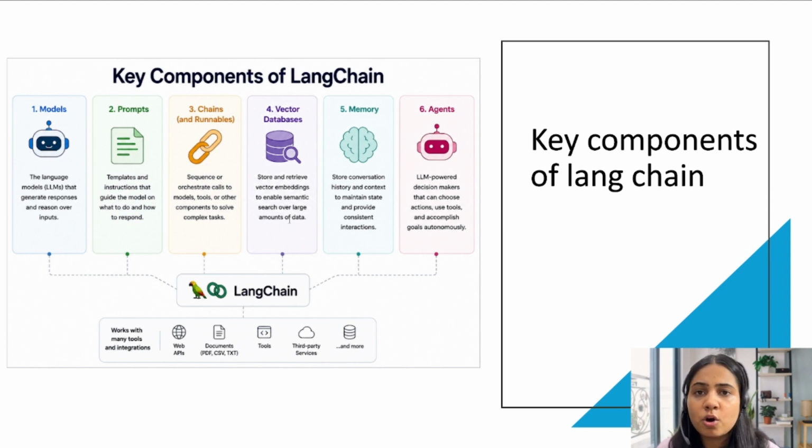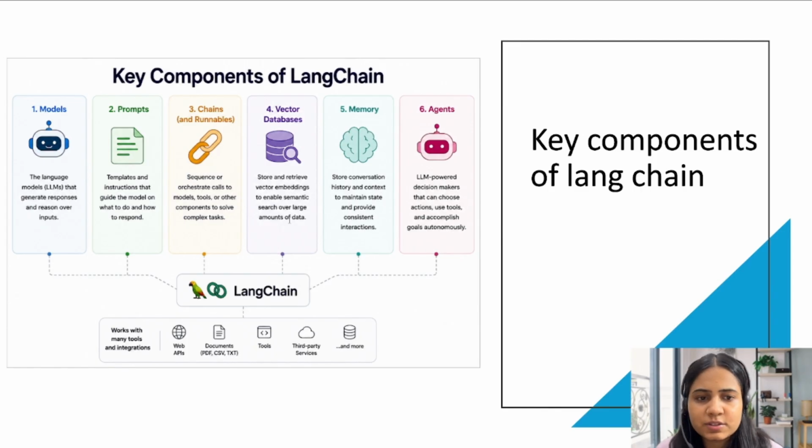Okay, next is chains and runnables. Chains means most AI applications involve more than one step. If we are developing any AI application, it will not have only one task. It will perform tens or hundreds of tasks. It depends on the application we are creating. So instead of writing a separate code base for every step, or connecting these steps, LangChain allows us to combine multiple operations into a chain.